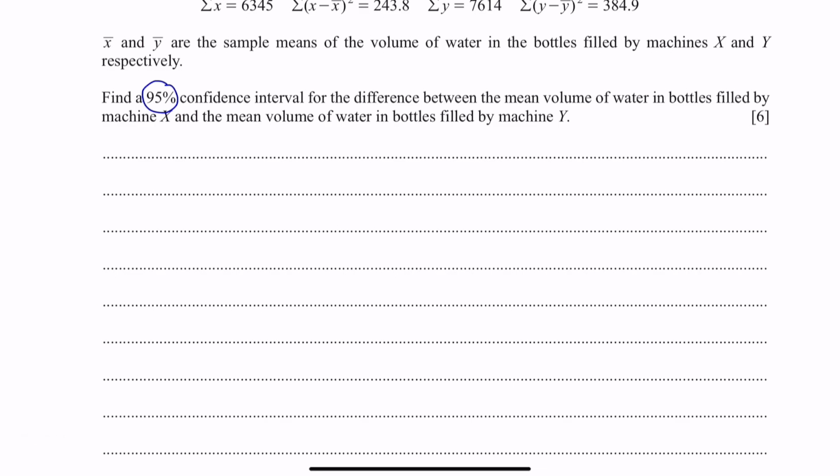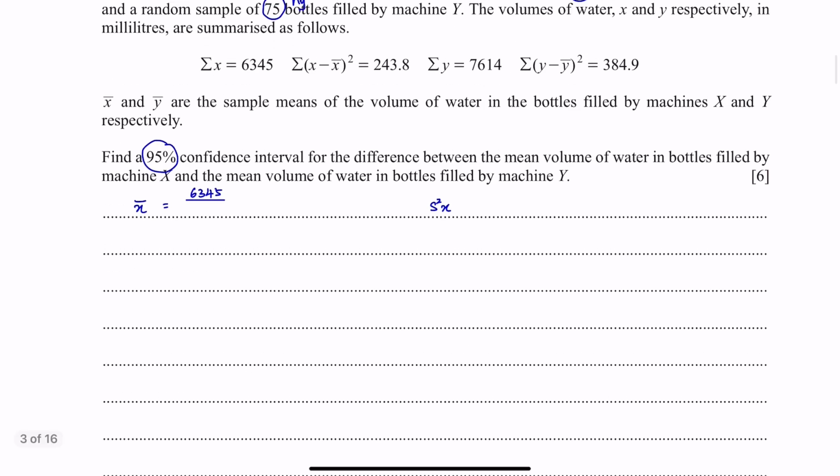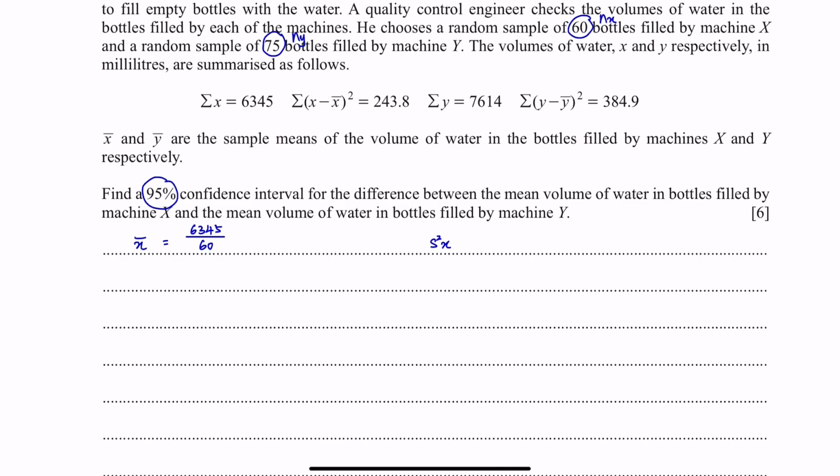Our first step would be finding the means and the S squared, which is our estimate of the variance. Okay, so we have to find for X and Y. So let's find for X first. So the mean would just be the sum of X, 6345, over the number of samples for X, which is 60.